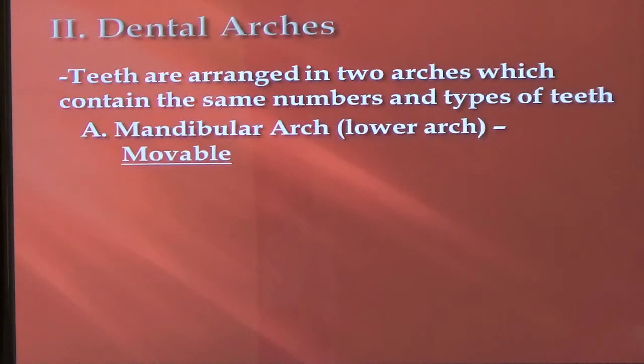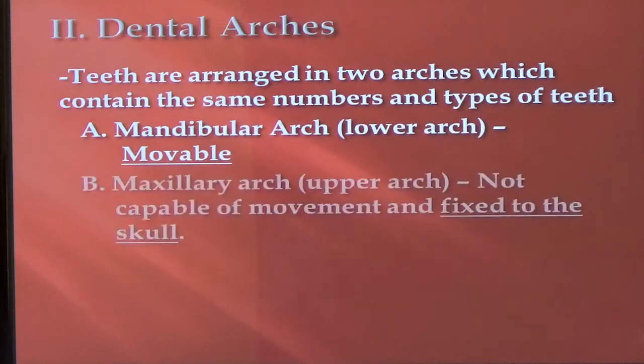Your lower jaw is the only bone that moves, and we'll talk about that when we get to the bones of the head and neck. Then you have the maxillary or upper arch, and that one does not move. That's part of your skull. Upper, lower, maxillary, mandibular.